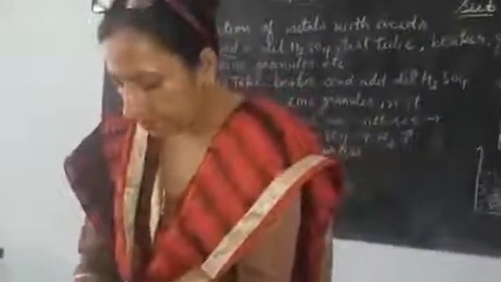Until then, let us do the zinc granules experiment. This is zinc granules, silver gray in color. Okay, when we add zinc granules in the beaker, and add some sulfuric acid in it.